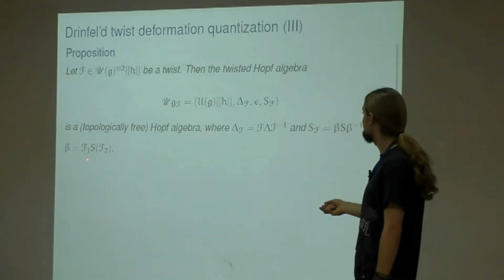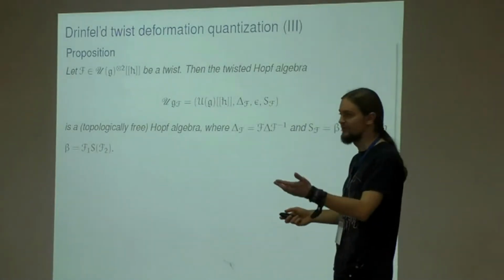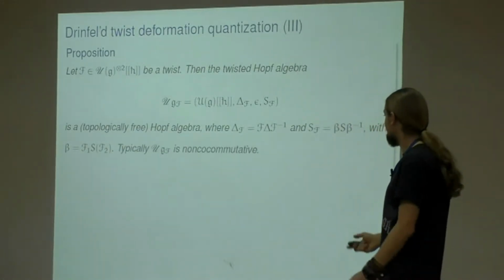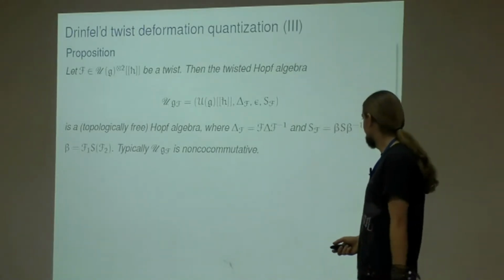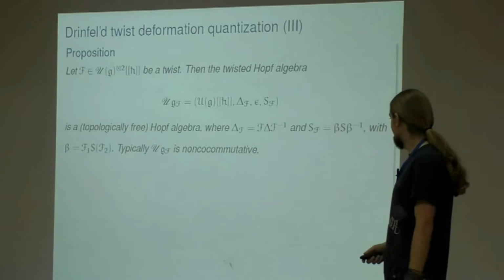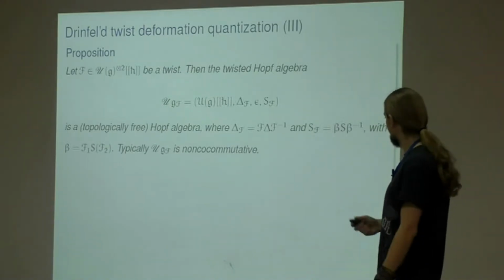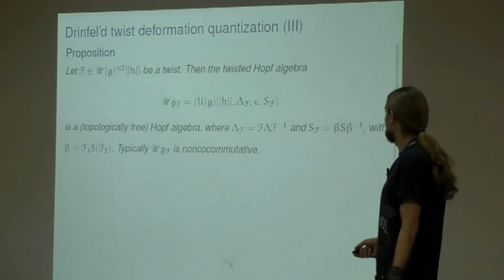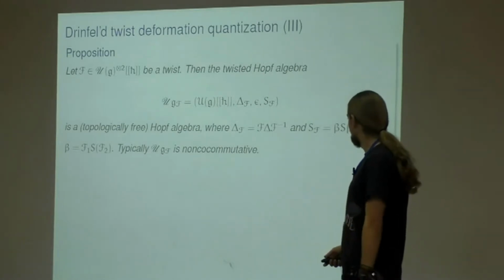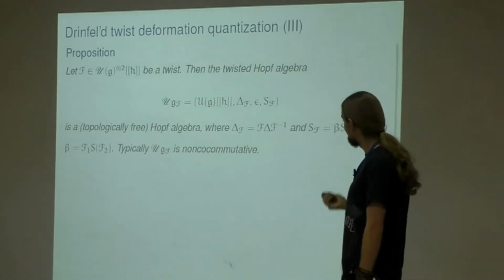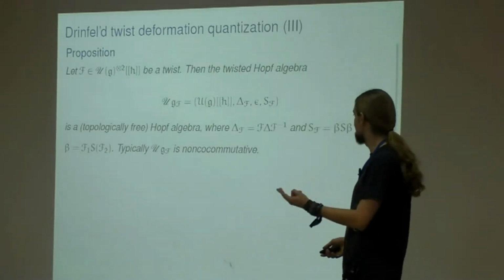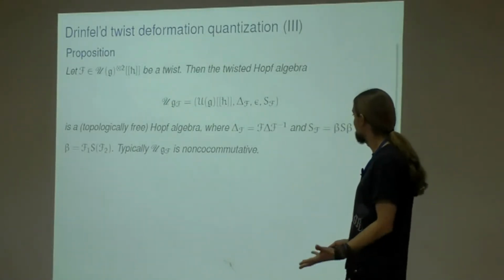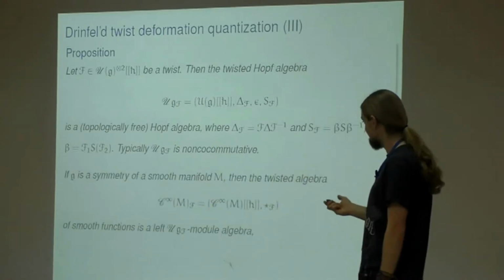F1 is the first leg of the twist, F2 is the second leg. Okay, I think all of you have seen this before. Okay, and typically, so if F is not that trivial, the UGF is non-commutative. So we could say that we quantized our symmetry. So this is like the second step of our recipe.